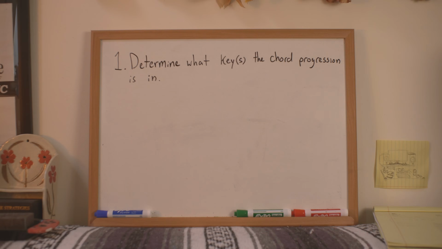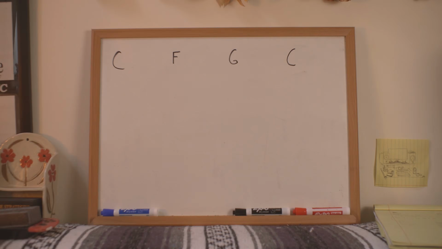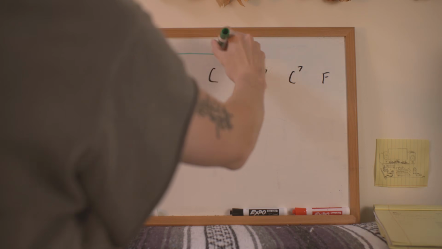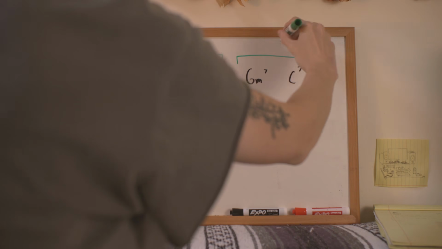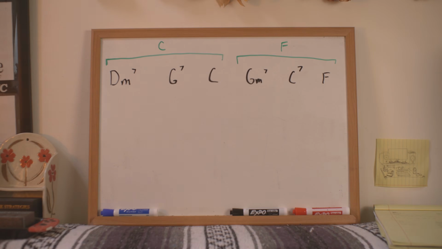Step 1, determine what key your chord progression is in. If it's all in one key, you can put the key in the top corner of your workspace, essentially. Just circle it so you have a reminder of where your grounding is. If the progression moves between multiple keys, consider using the bracket system, which is where you use a horizontal bracket over different key groups, and you label them above the bracket.